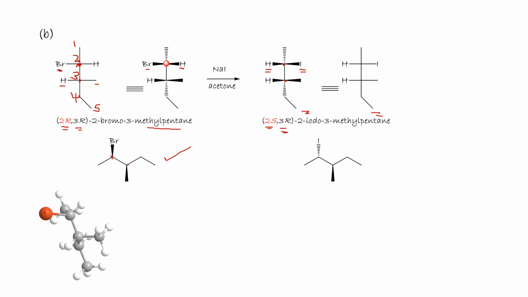Here Br is up, that's why HBr. Here is methyl, hydrogen, methyl up, hydrogen up. Okay, but I draw it this way, zigzag line, right?